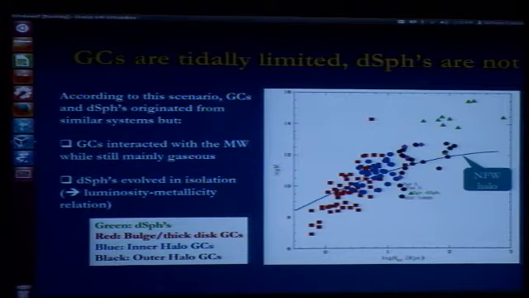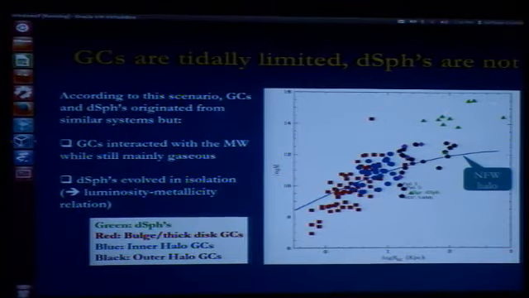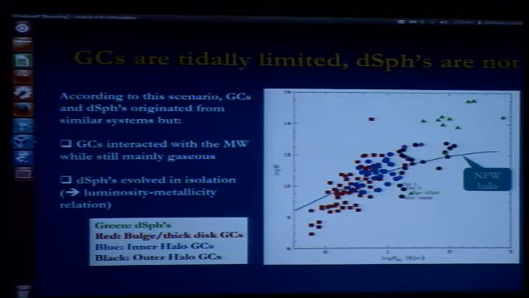In the case of dwarf spheroidals, they are clearly much higher than in this diagram. What does it mean? It means that the light that you see, because the radius of the object is derived from the light, does not fill the tidal radius, because otherwise you would derive extremely high masses that have no meaning. Okay?